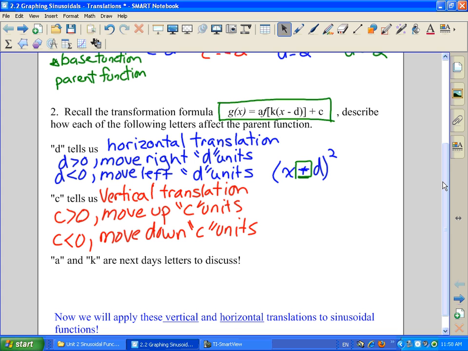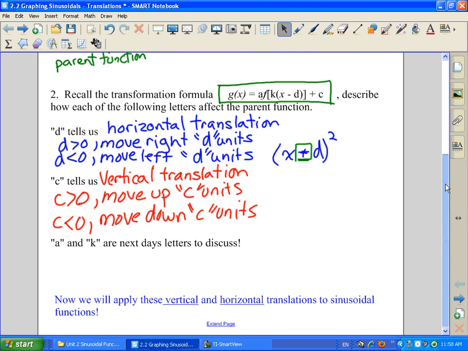Okay, so now we're going to apply the vertical and horizontal translations. Again, your vertical translation is your C, and your horizontal translation is your D. We're going to apply those to our sinusoidal functions. Last day we were drawing the sine x curve and the cos x curve.